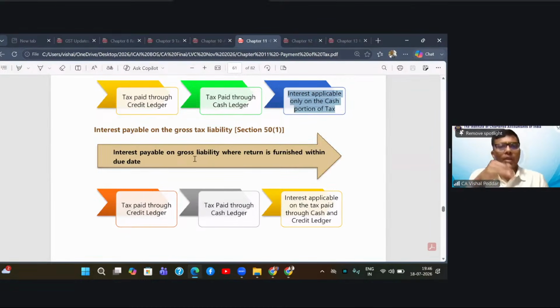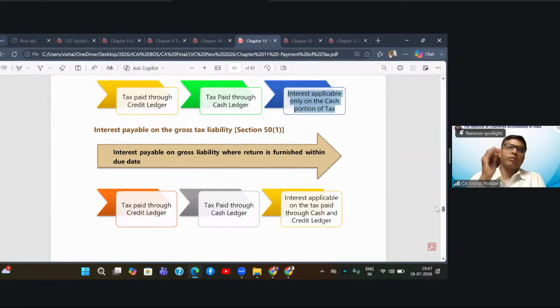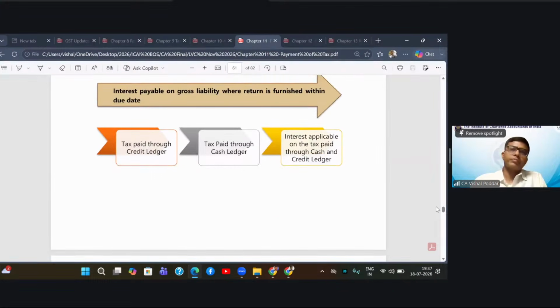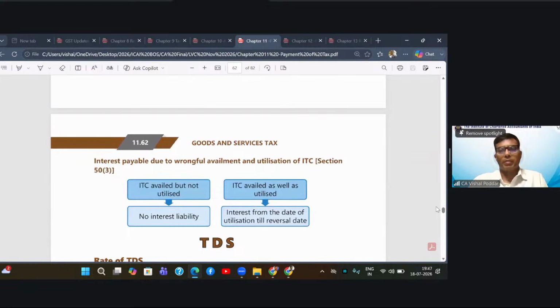Let us say my June return I filed within the time limit, that is by 20th of July. But there is some June month's transaction which I forgot to report in my June return. So the June return is filed in time, but the June transaction I'm reporting in August or September month's return. In that case, I will be required to pay interest on the gross liability.